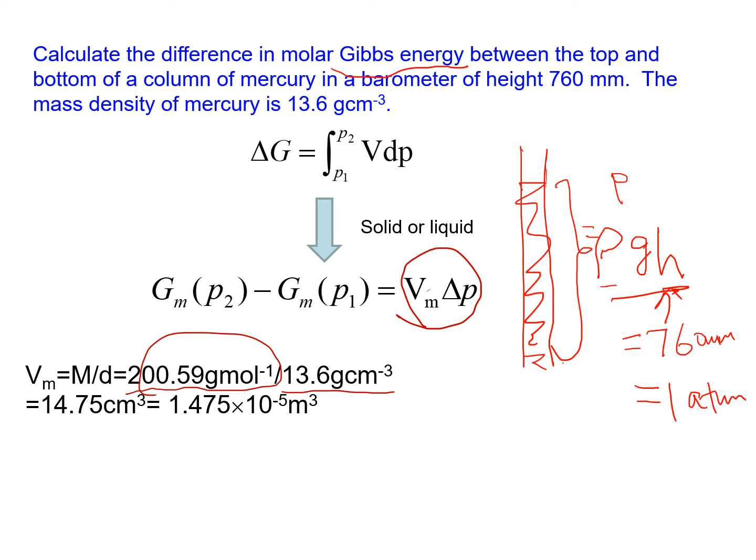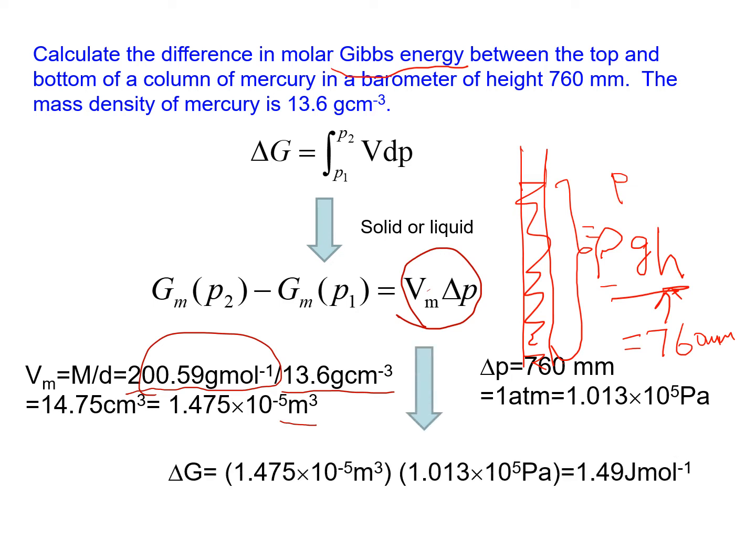That calculates the molar volume in cubic meter. The pressure difference is 1 bar, actually 1 atmosphere. 1 atmosphere is 1.013 times 10 to the 5th Pascal. Plug in the equation. The answer is 1.49 joule per mole.